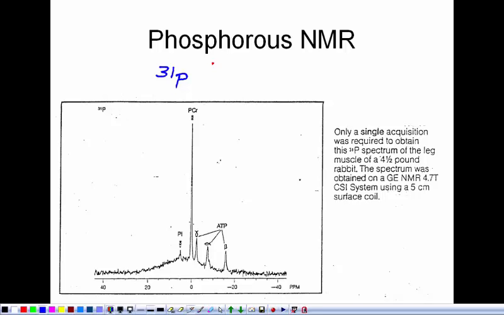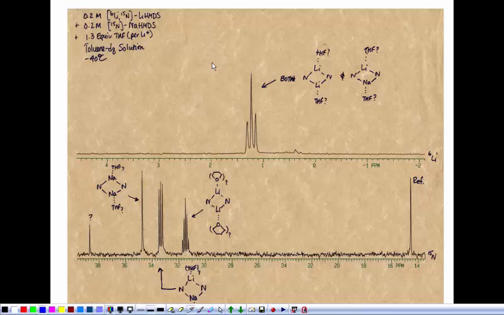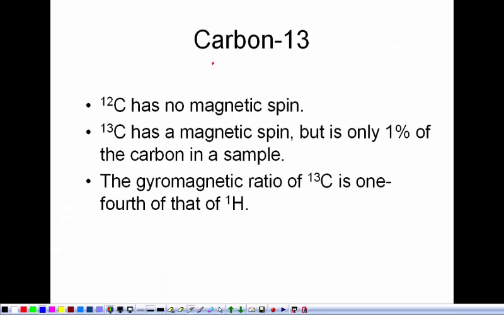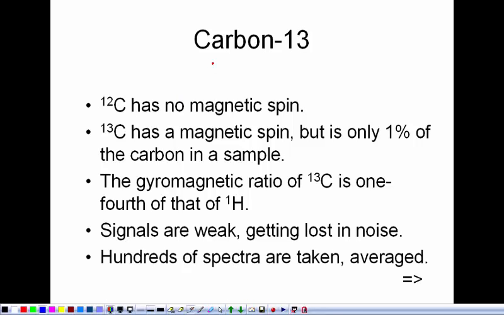In terms of coupling, we'll talk a little bit about it today, but we'll talk more about it in the future. If you think about neighbor coupling, it doesn't happen. It'd actually be nice to have it happen, but it doesn't. Because the probability of having a carbon-13 nucleus is 1 out of 100, so the probability of having two C13s next to each other is going to be 1 in 10,000.